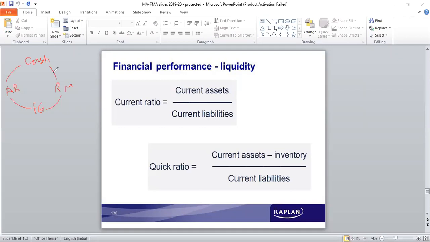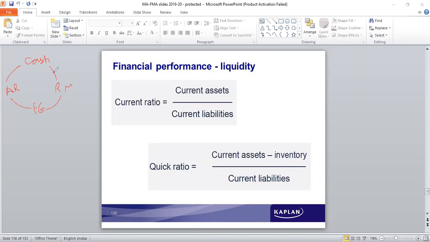Ideally speaking, current assets should be double the amount of current liabilities. In this cycle, when it is still carrying on, sometimes when the cash is realized, that can be used to make the payments. So, ideally speaking, for a manufacturing business, it can be as much as 2:1.